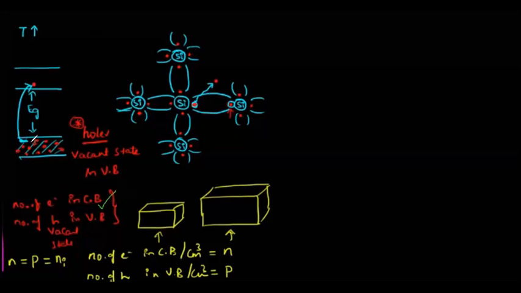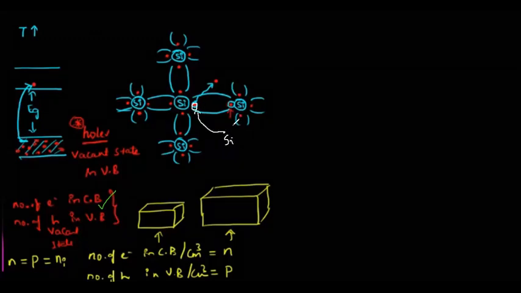Now, because this electron is leaving its position, it is creating an empty space here, right everyone? And this empty space will also move. Why? Because another electron of another silicon atom will try to occupy this position and then this empty space, which we call a hole, will move.